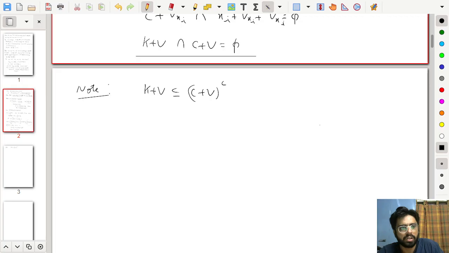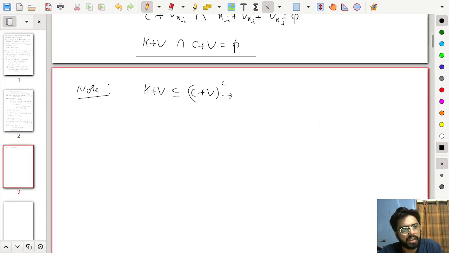So we are making a side note. K plus V is contained in the complement of C plus V. Now C plus V is an open set, so its complement is closed, right? And the closure of K plus V is the smallest closed set containing K plus V. Hence the closure of K plus V is contained in the complement of C plus V, right?